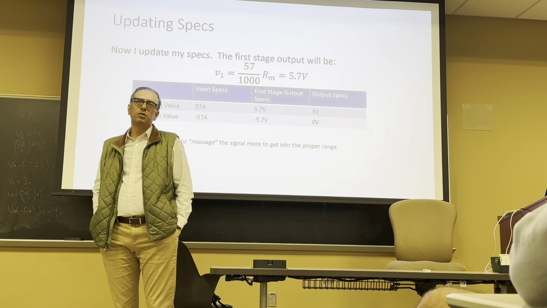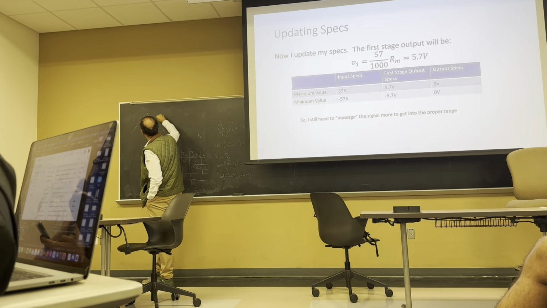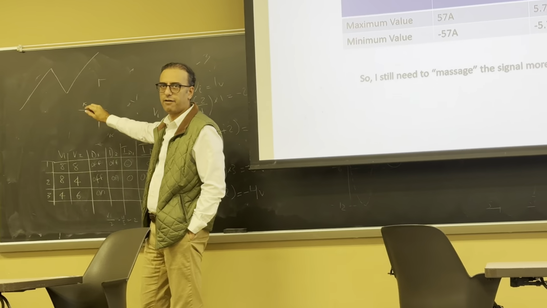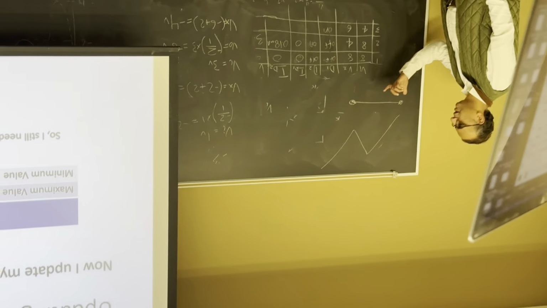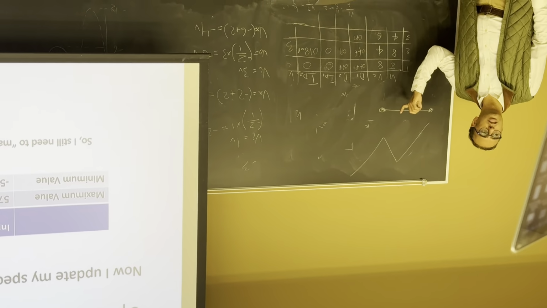I'll talk about it later, but your inductor current looks like this, and the average, again, is something that whoever is doing more firmware engineering in your team can decide about.